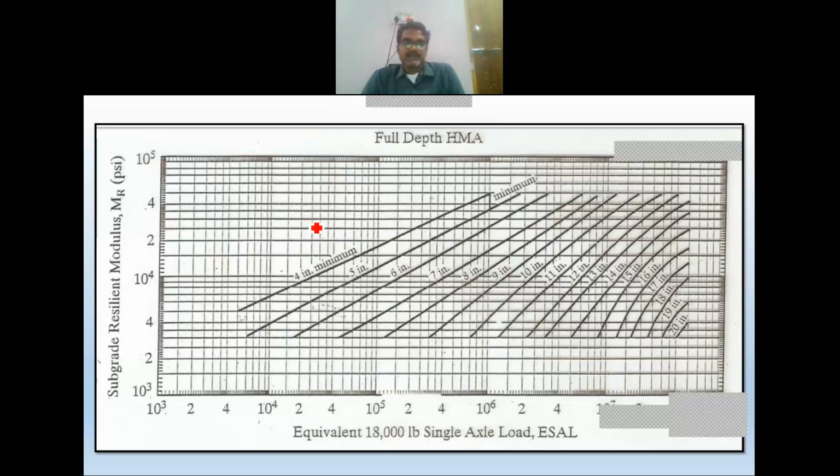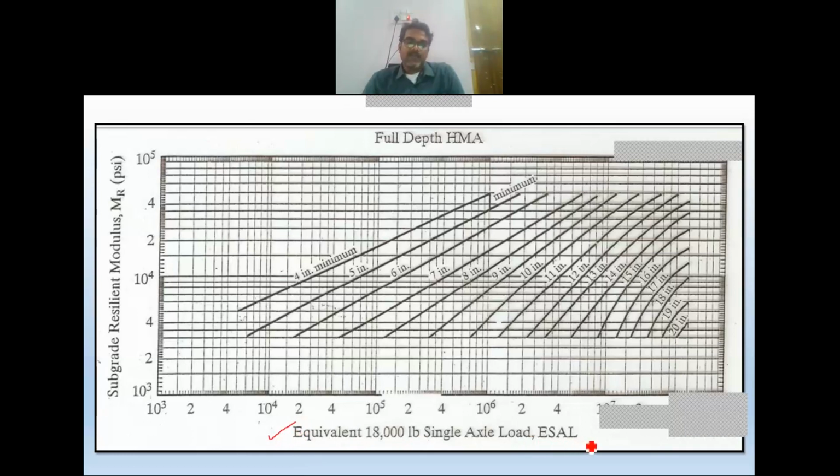Just see the chart. Once you look at the chart, first we see the axis names. On the x-axis, something is written: equivalent 18,000 lb single axle load, equivalent single axle load.